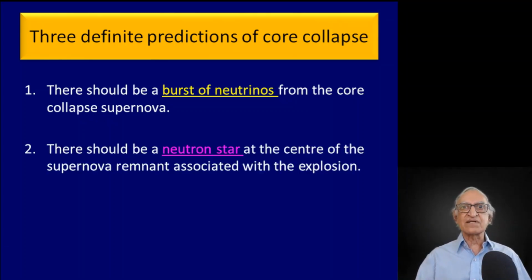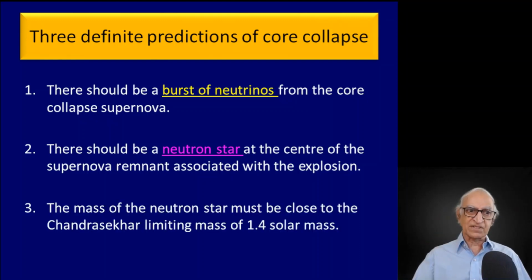The second prediction is that there should be a neutron star at the center of the supernova ejecta. And the third prediction is that the mass of the neutron star must be very close to the Chandrasekhar limiting mass for a white dwarf, which is 1.4 times the mass of the sun. So you would expect the neutron star at the center of the site of the explosion to have a mass very nearly 1.4 times the mass of the sun.